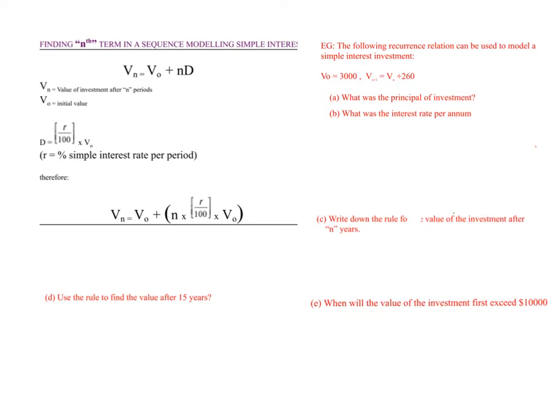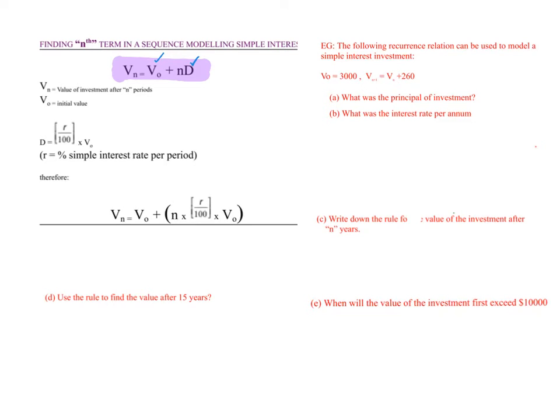So if they ask for a recurrence relation, that's when you do the V0, Vn plus 1. If they ask you for the nth term, this is the formula we are going to be using. You can see we are nearly all the time given the V0, and n will be how many years or weeks they want us to find, and D is that common difference.